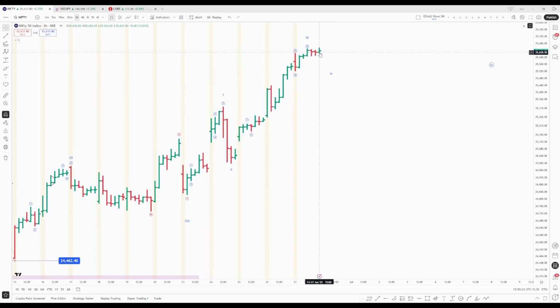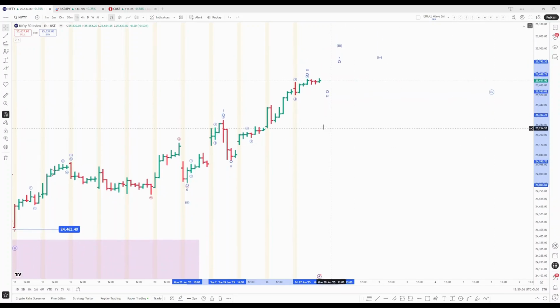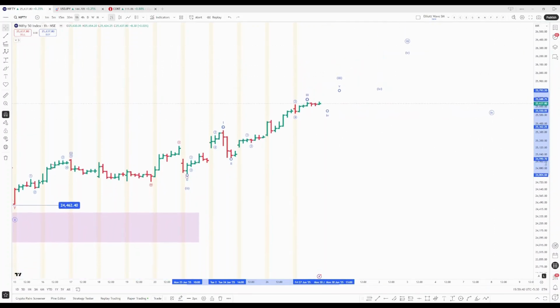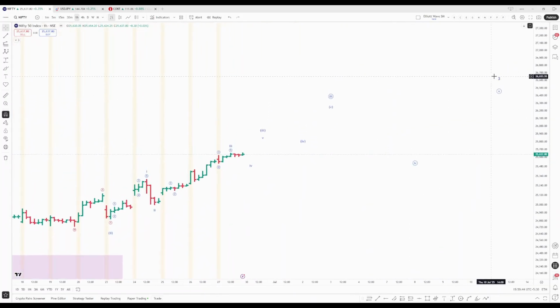So maybe price could move from here, and this fourth will be this small only, but I'm just keeping it open for now. Let's see in case there's a deeper retracement in fourth, and then we will have 5, which will complete this third of this third, and which is of this third, right?